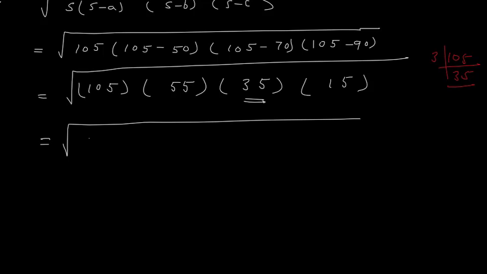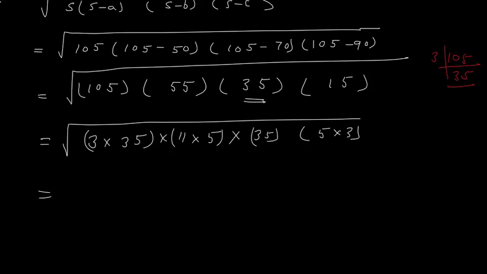So it is 3 into 35 into 55, which is 11 into 5, into 35, and this 15 I will write as 5 into 3.